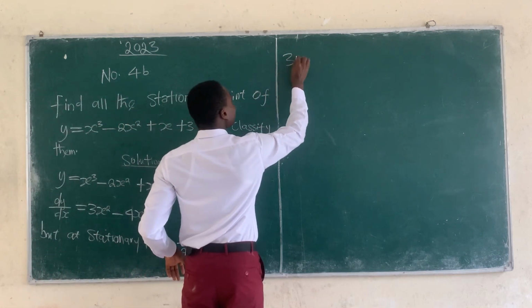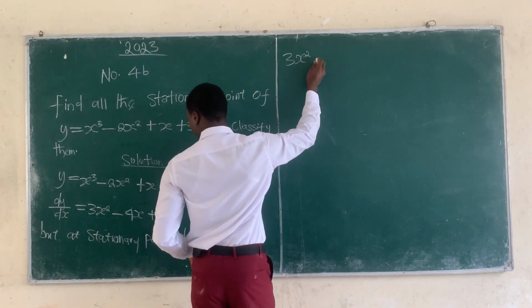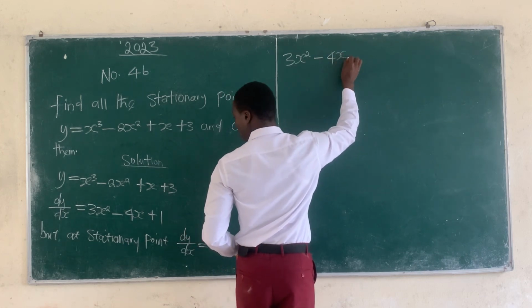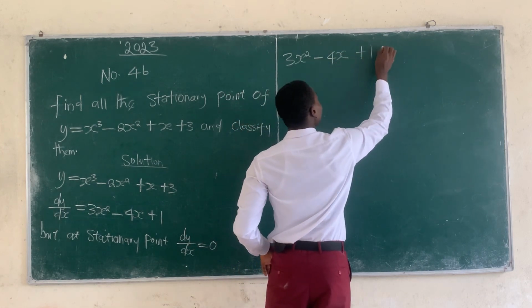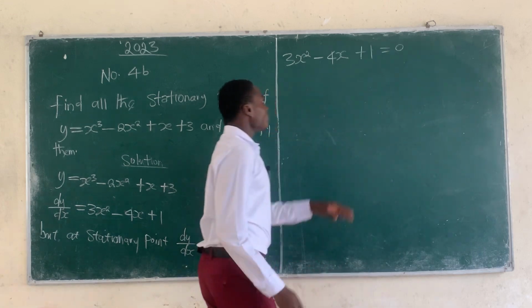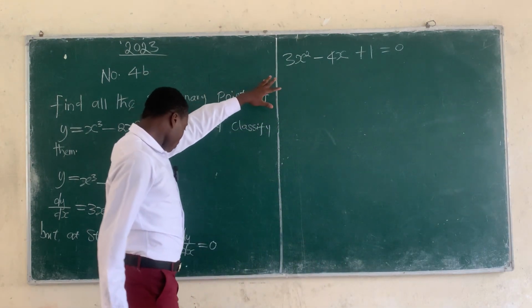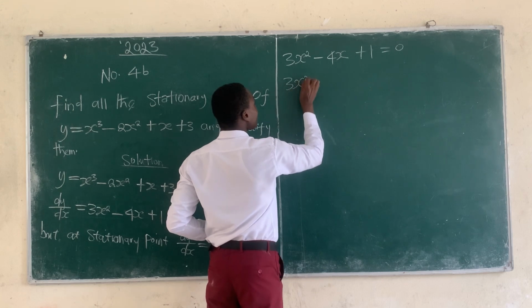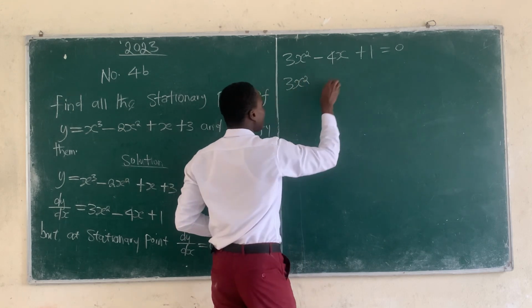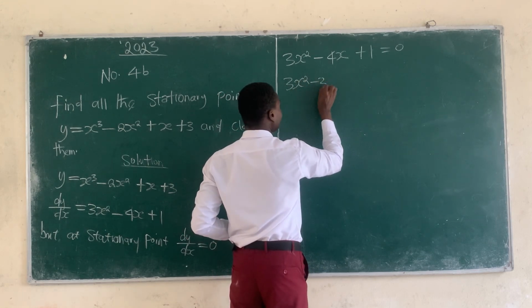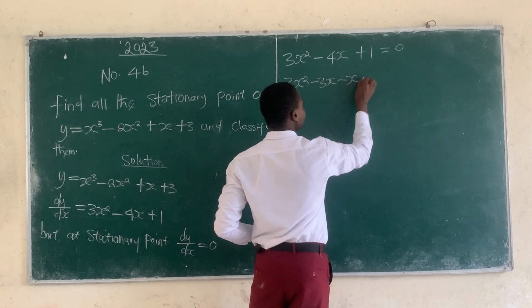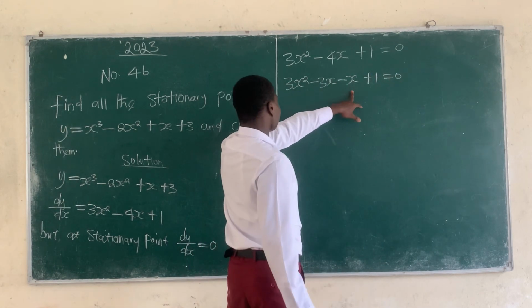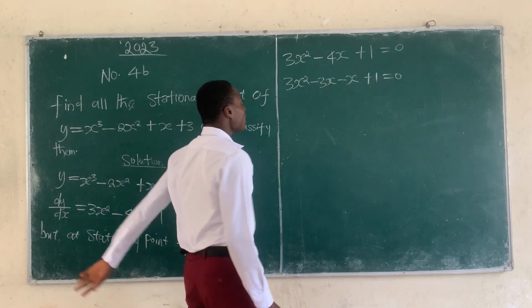So we have 3x squared minus 4x plus 1 equal to 0. So we want to find the corresponding values of x here. So we can factorize this. We have 3x squared. This can be written as minus 3x minus x plus 1 equal to 0, because minus 3x minus x will give us minus 4x.